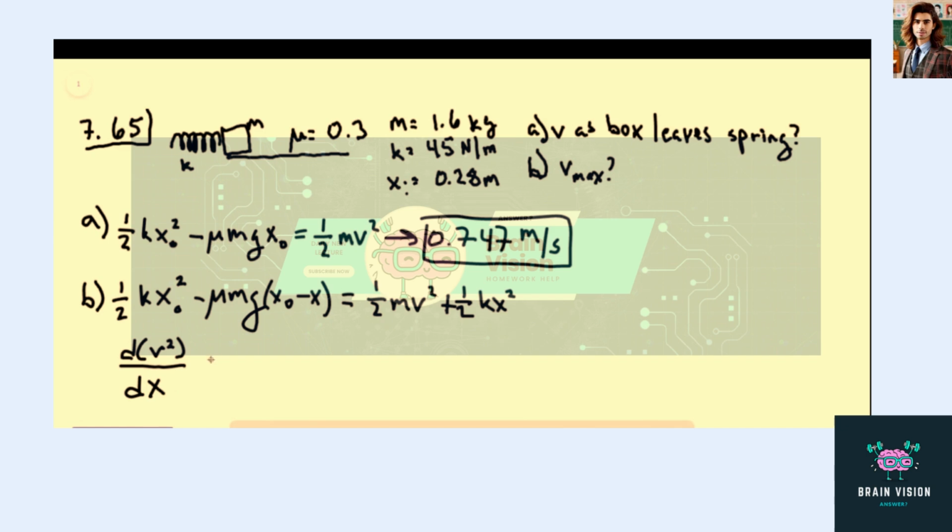So anyway, we want to maximize it, set the derivative to 0. And evaluating the derivative, we get negative 2kx plus 2 mu mg.